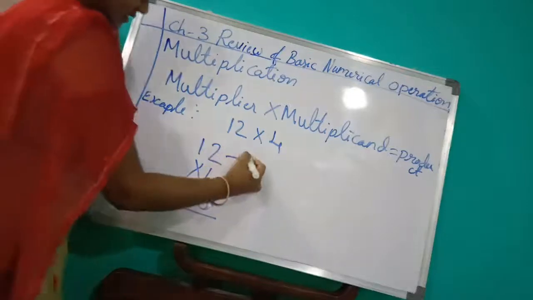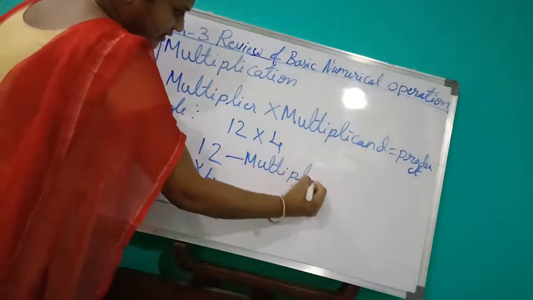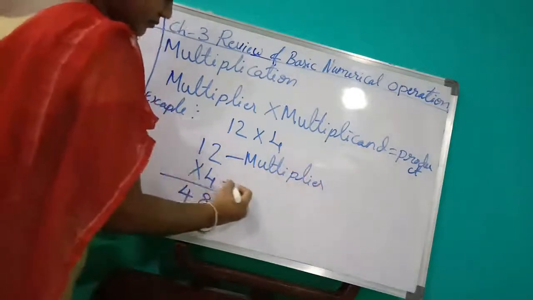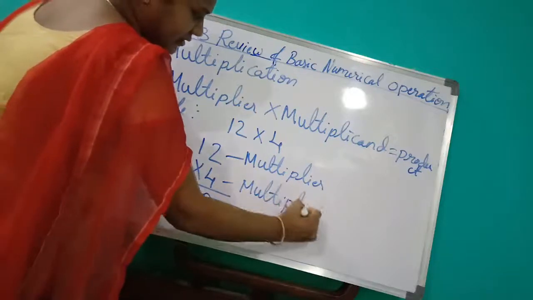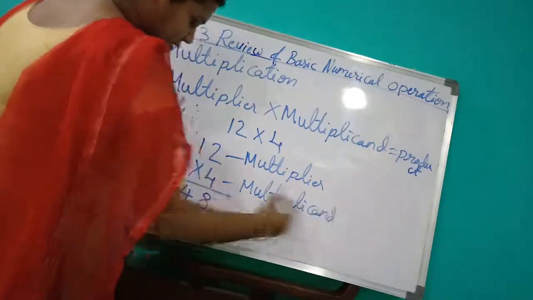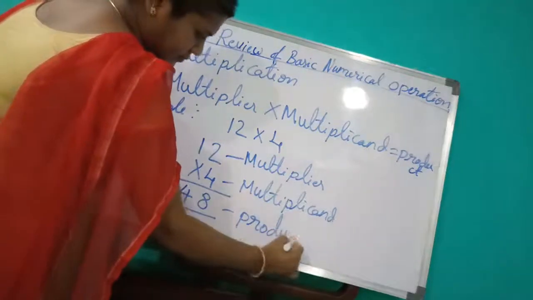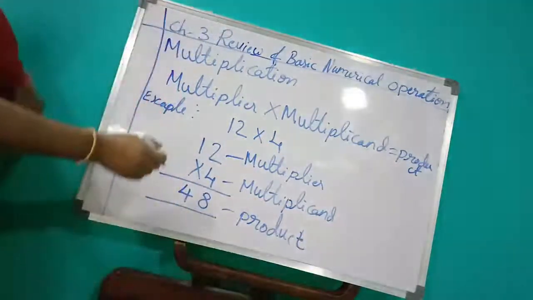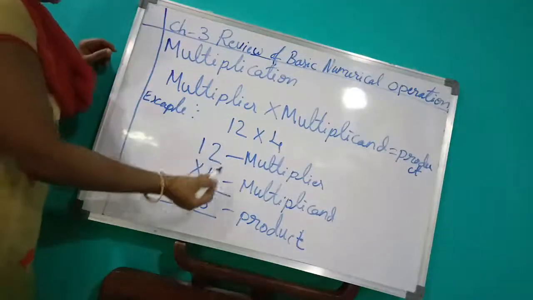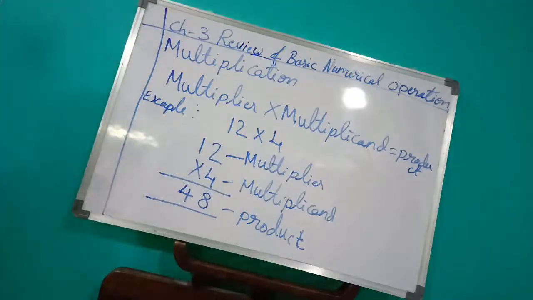This is the multiplier, this is the multiplicand, this is the product. Understood, children? Write in the classwork.